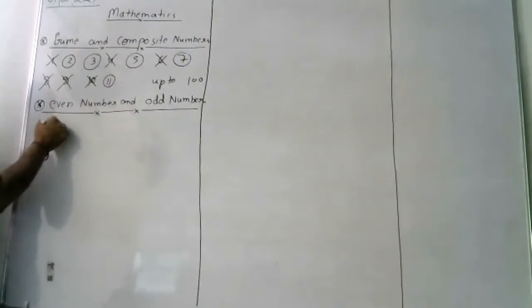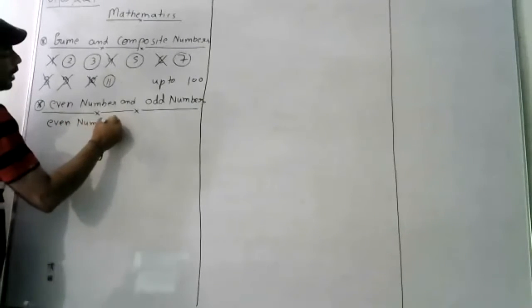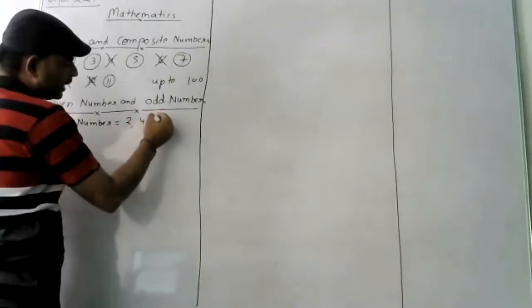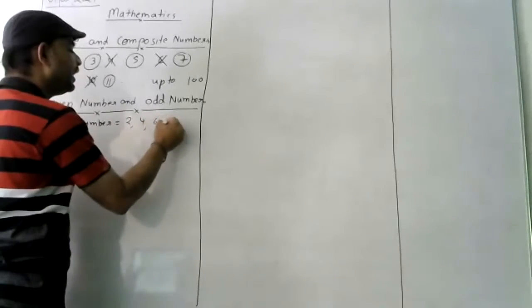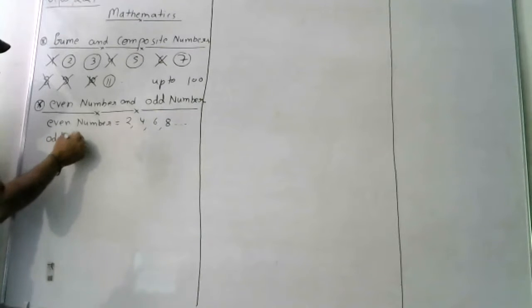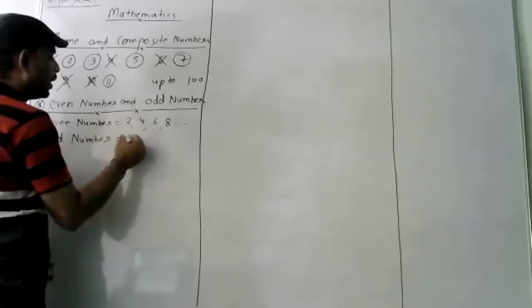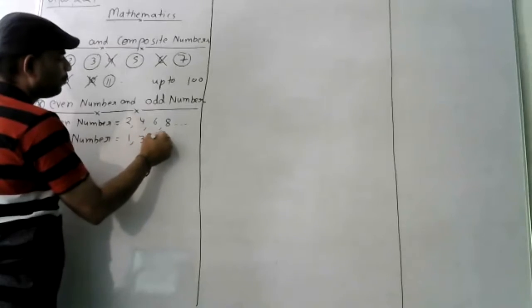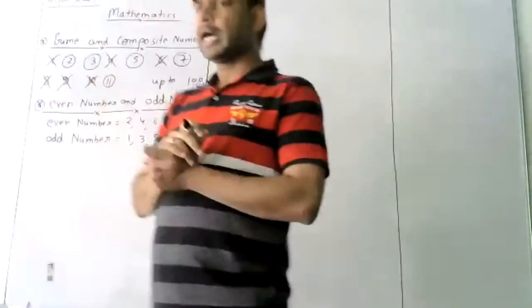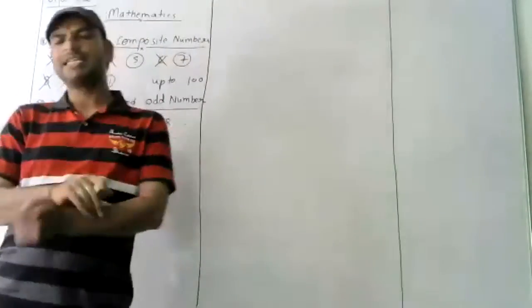Even numbers are 2, 4, 6, 8, and so on. Odd numbers are 1, 3, 5, 7, and so on. Of two consecutive numbers, one is even and the next is odd.